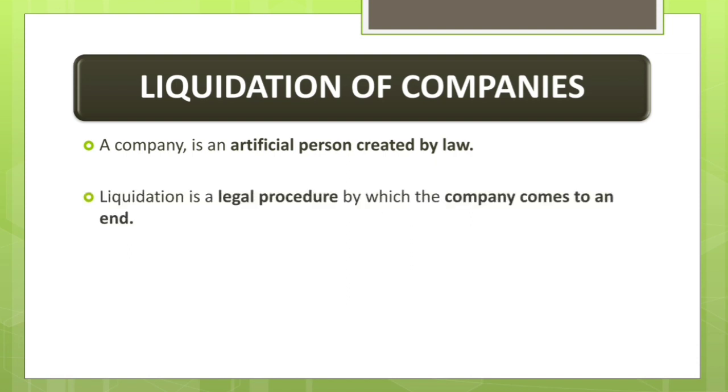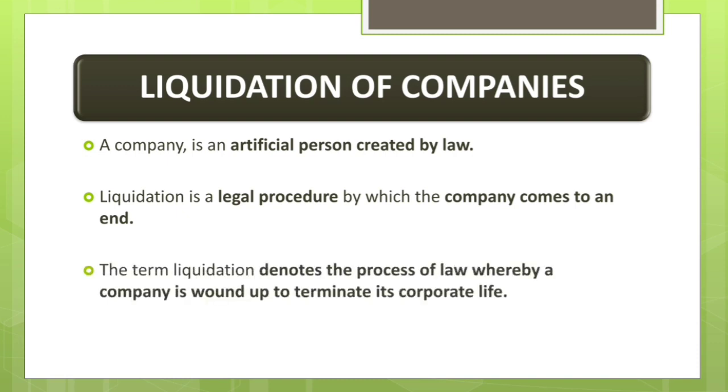Liquidation of companies. A company is an artificial person created by law. A company comes into existence through a legal process and it also has to come to an end by law. Therefore, liquidation is a legal procedure by which the company comes to an end.